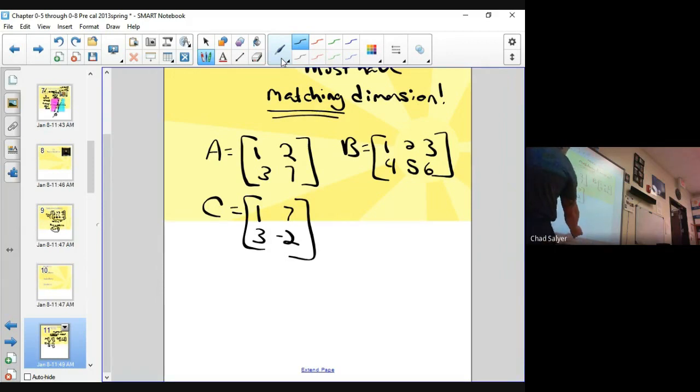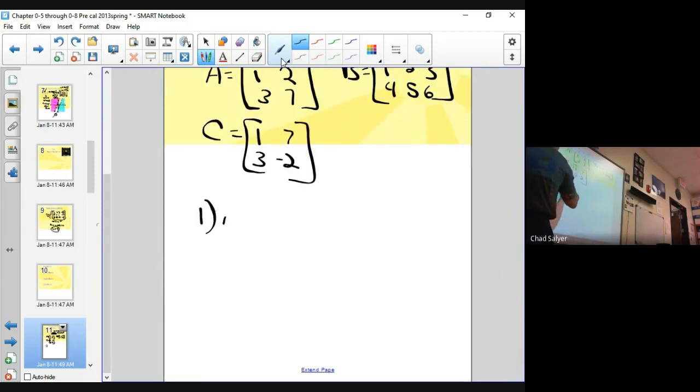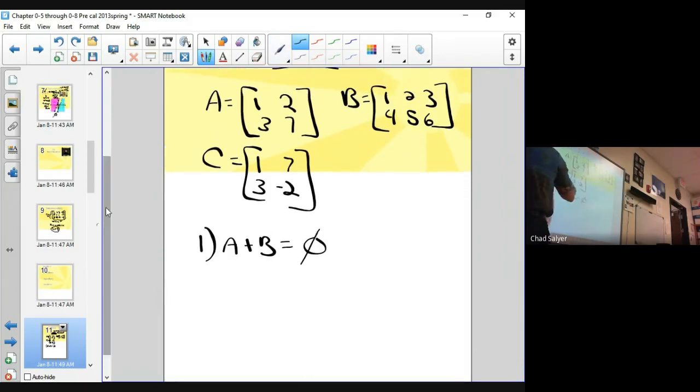So if I were to find, as an example, A plus B, I would say that has no solution, because the way I've set these up, A is a 2 by 2 and B is a 2 by 3. And so we see their dimensions don't match exactly. Even though they have the same number of rows, the number of columns differ, and so there's a dimension mismatch, and we have no solution.